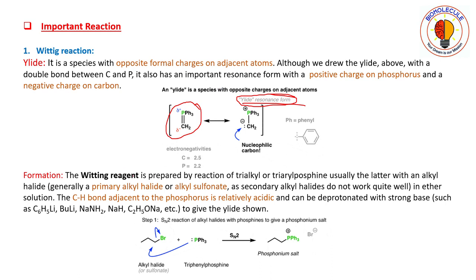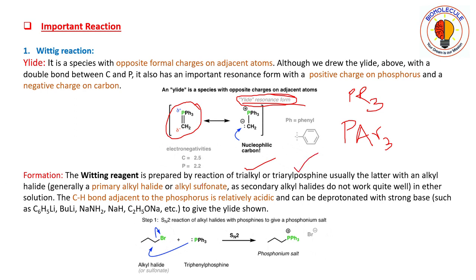The Wittig reagent, that is the ylide, is prepared by the reaction of trialkyl or triaryl phosphine. PR3, if R is an alkyl group, is known as trialkyl phosphine, and PAr3, where Ar represents an aryl group, that is an aromatic group, is known as triaryl phosphine.